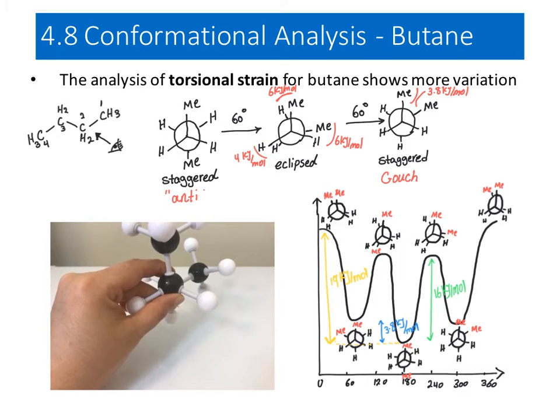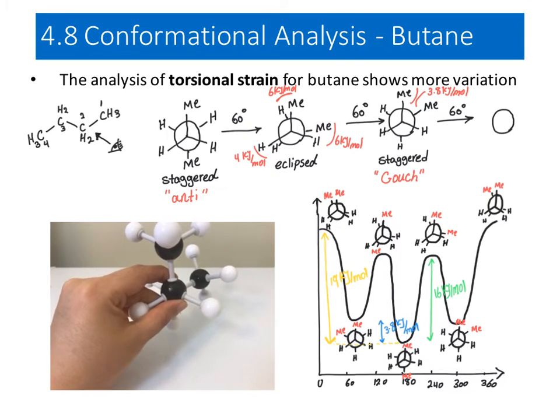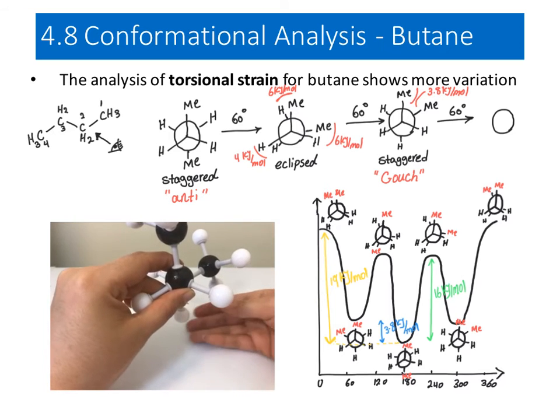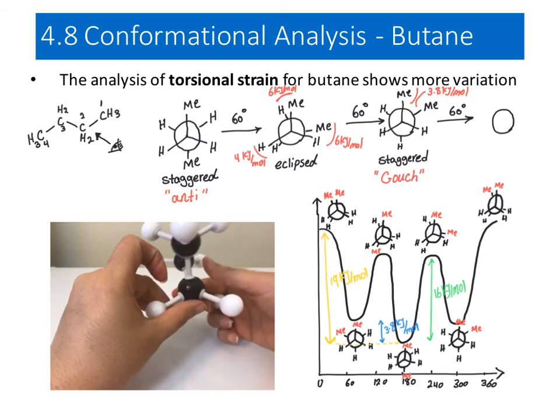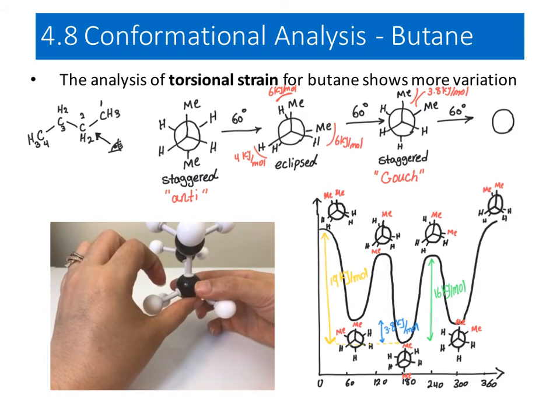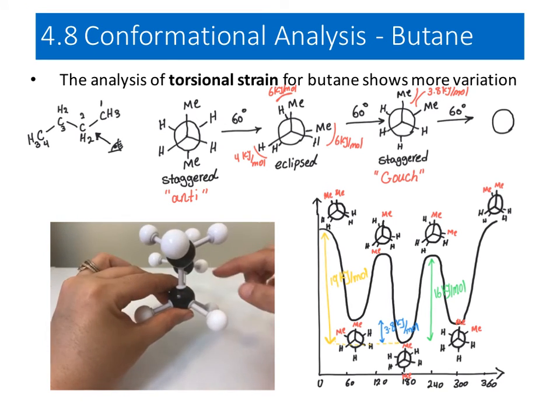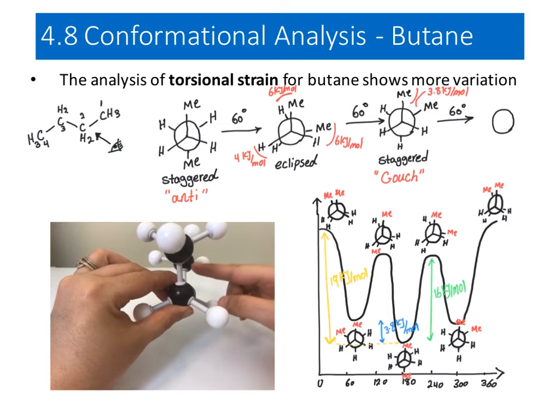So that one was anti, this one is gauche. Again, you can rotate the molecule another 60 degrees. Okay. So if I rotate that, I get to this eclipse structure where the methyl group, 2 large group eclipsing one another.